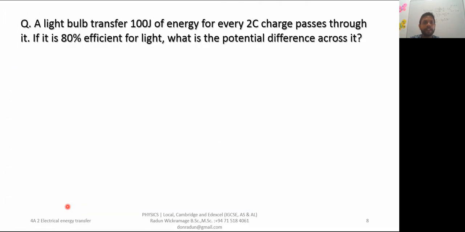Okay. Let's go through a question. A light bulb transfers 100 joules of energy for every 2 coulomb charge that passes through it. If it is 80% efficient for light, what is the potential difference across it? Okay, you can take some time and do this question.